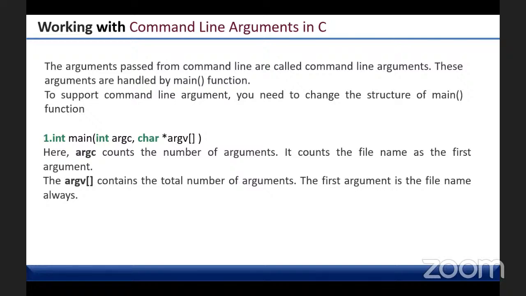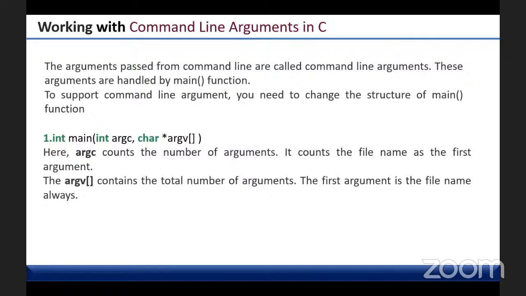You can pass some arguments to the main function also. Every main function internally, even though you are not passing any, has two arguments: one is argc and another one is argv.